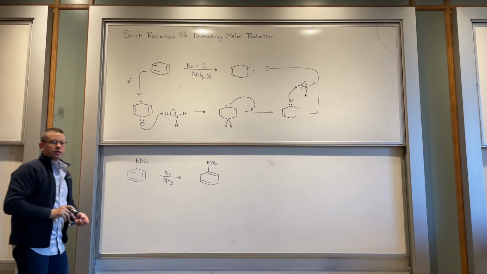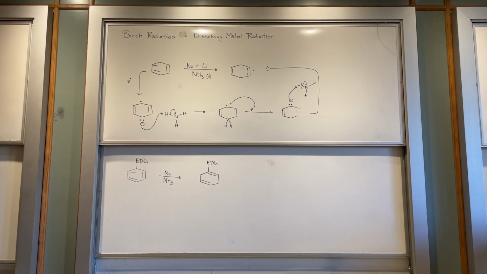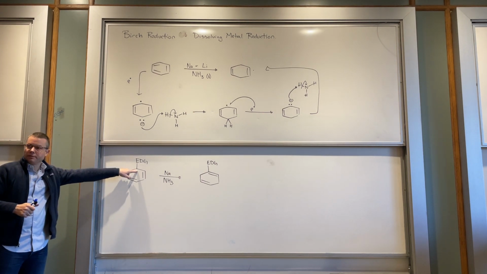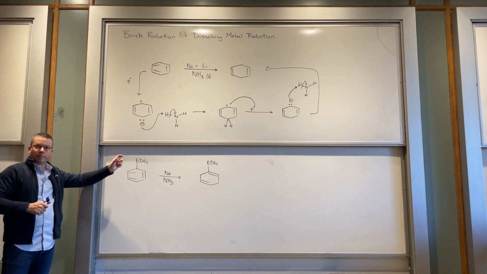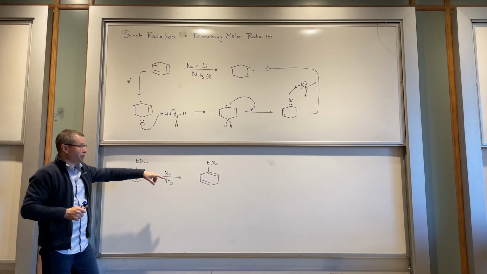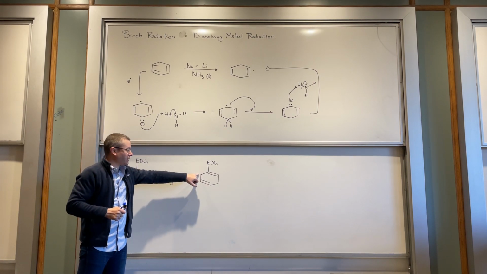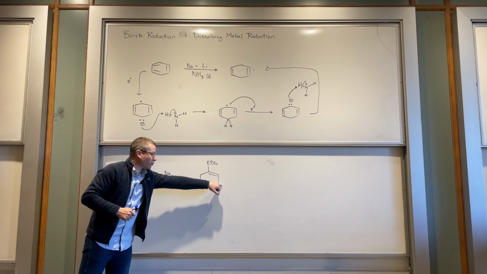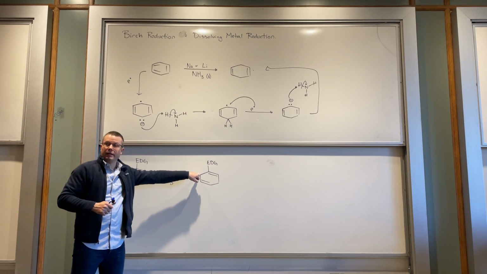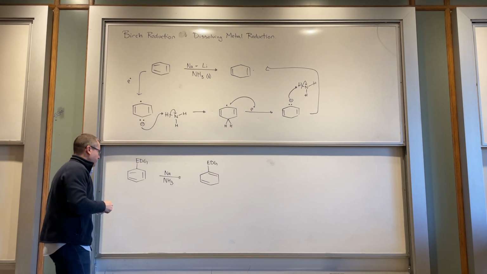If we have electron donating groups, we're going to try to avoid forming negatively charged ions, or anions, on that ipso carbon. So whenever the double bonds or the pi system is reduced, it's going to be reduced so that the anions form in the meta and ortho positions.